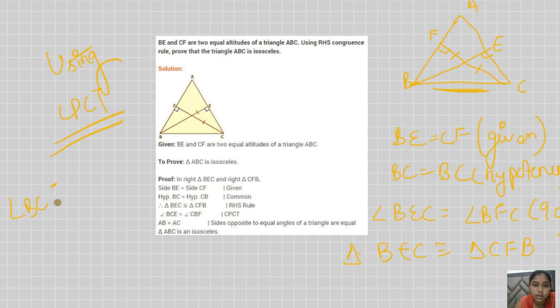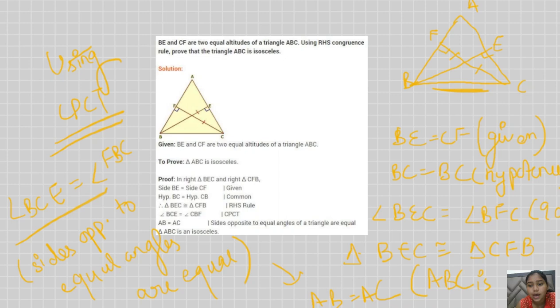So using theorem number 4, the sides opposite to equal angles are equal, right? By this, AB is equal to AC and ABC is an isosceles triangle.